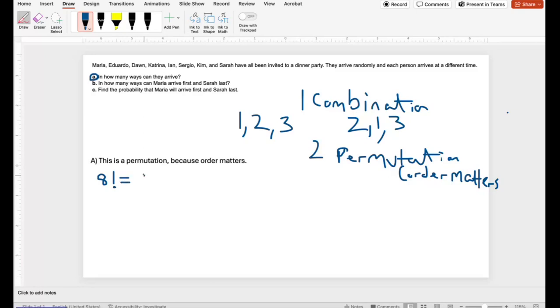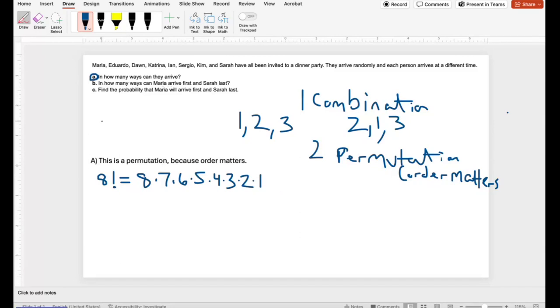So it's 8 times 7, and your calculator will do this for you. Do you have a little scientific one that you use on your test? This is a really, really big number, and it seems like there's no way you could rearrange them that way. But you really can.